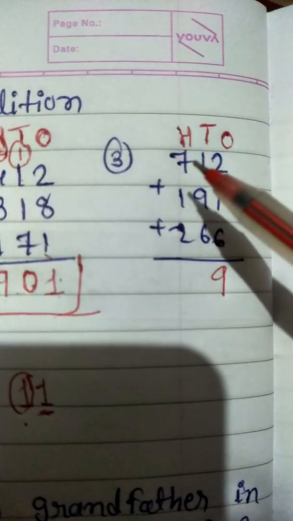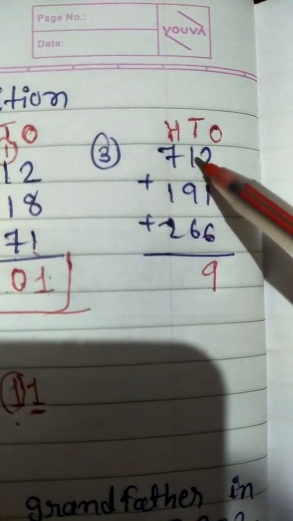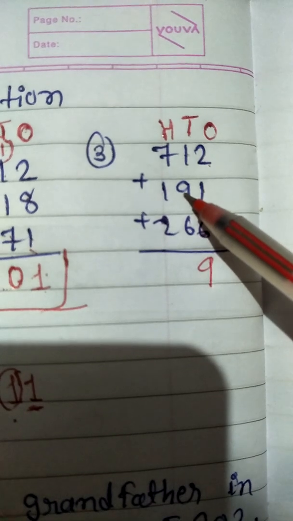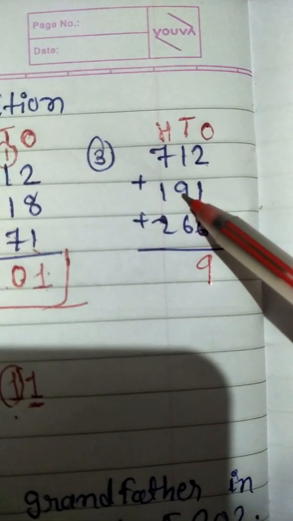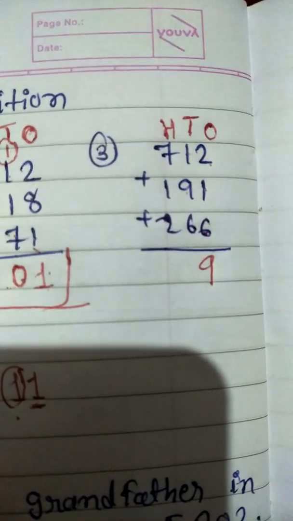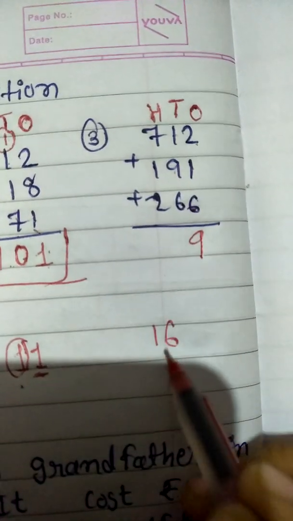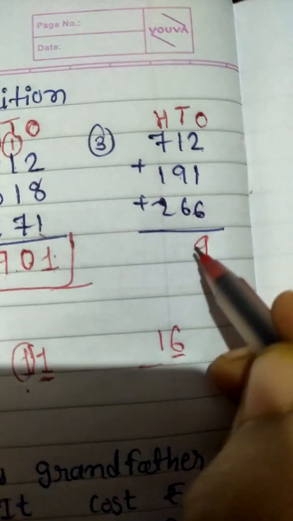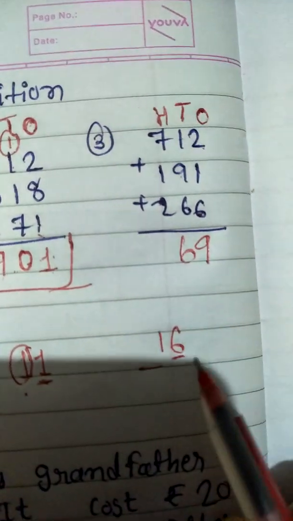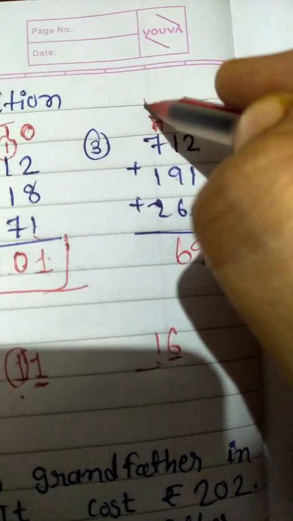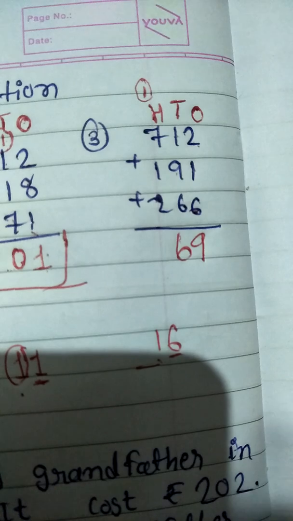Okay, now the tens. So 1 plus 9, 10, plus 6, 16. So students, you can see here 1, 6, 16. So 6 we are going to write over here, and 1 will be carried to the hundreds.